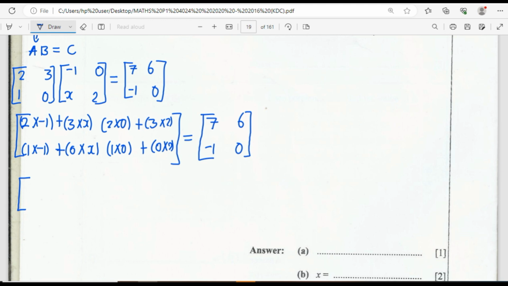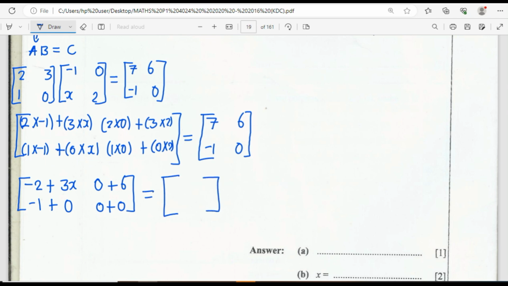Now 2 times negative 1 will give us negative 2. 3 times x will give us 3x. 2 times 0 is just 0, plus 6. 1 times negative 1 is negative 1 plus 0. Then it's 0 plus 0. Then equal to this, 7, 6, negative 1, 0.